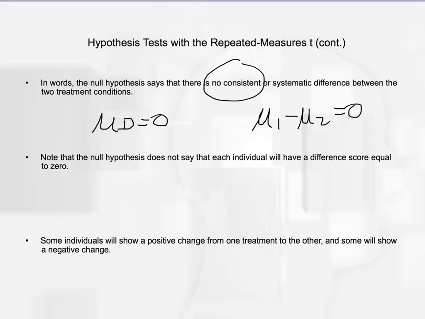Here we only have one group, a group of difference scores, so our null hypothesis is written as: the mean difference, the population of difference scores, is 0. It doesn't state that each individual will have a difference score equal to 0. The scores could have increased. The scores could have dropped. It just says that the scores will be different.